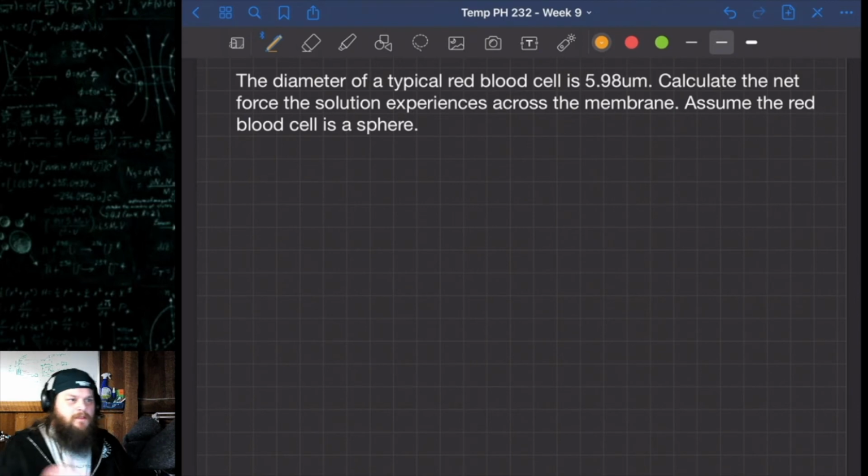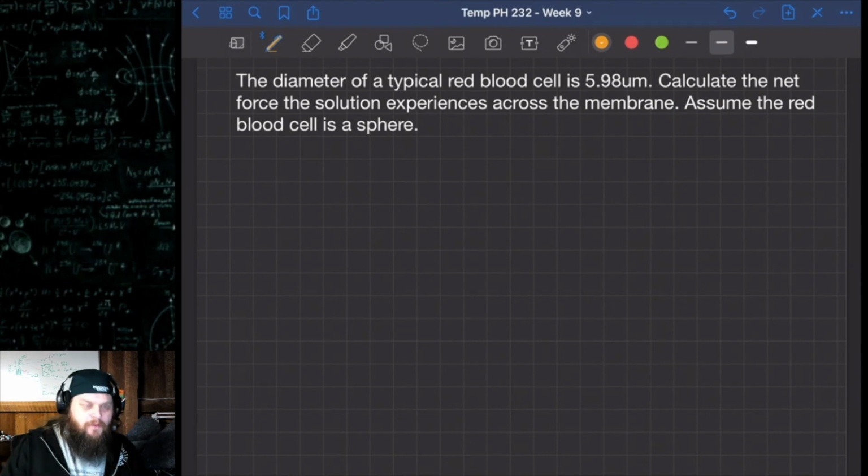So some of the things that we know: the diameter of the red blood cell is 5.98 micrometers, and that's equal to 5.98 times 10 to the negative 6 meters.